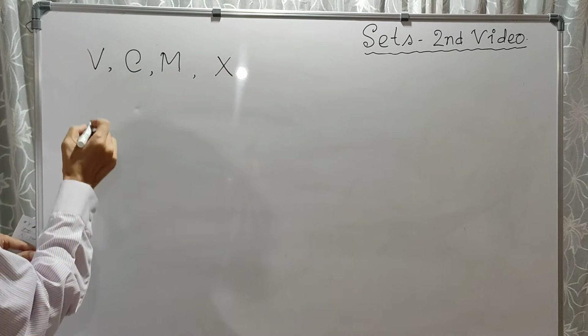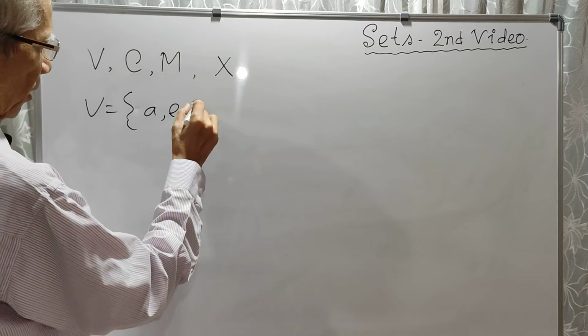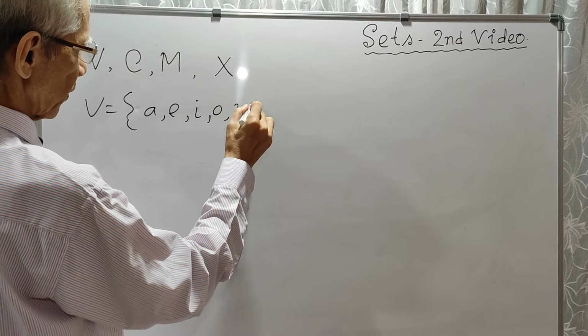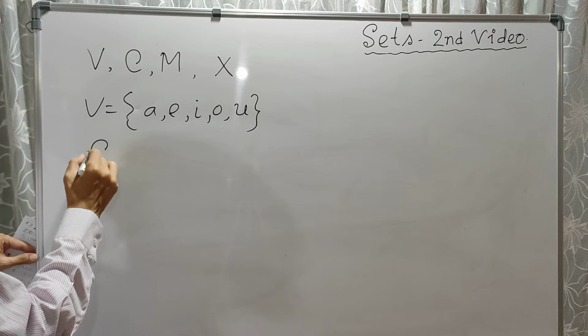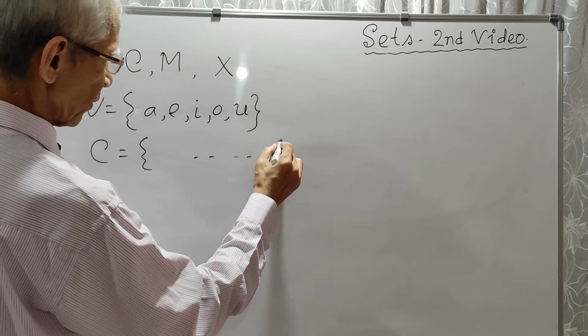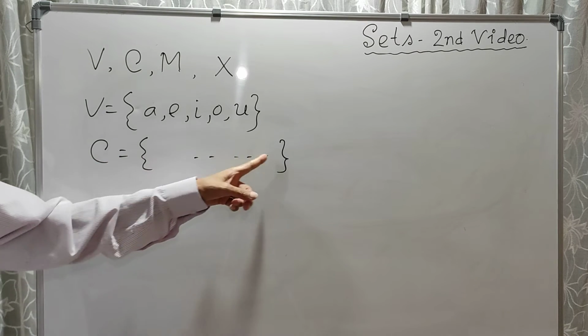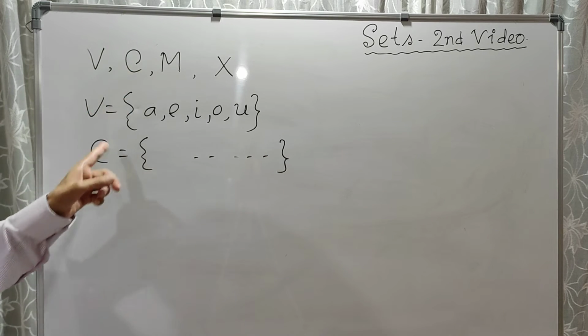Now, what is the set of vowels? A, E, I, O, U, isn't it? Okay, then what is the set of consonants? All the 21 letters. So how many consonants are there? 21. So all the 21 elements, this is the set of consonants.